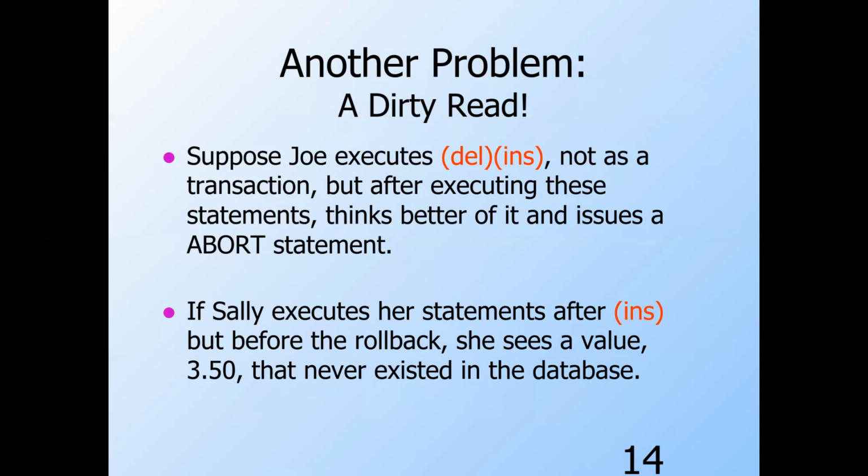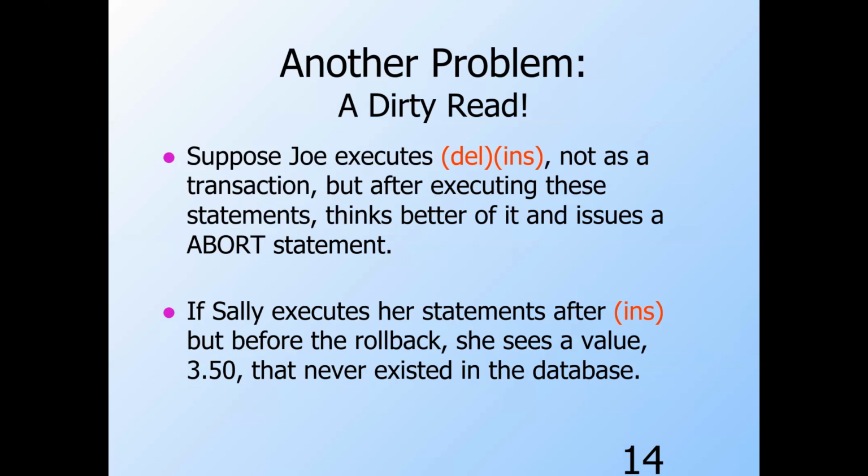So strictly speaking, when Joe rolls back his transaction, we should have a cascading rollback that invalidates what Sally wrote, what Sam wrote, and what Greg wrote. Okay, so that's the exact case of a cascading rollback.